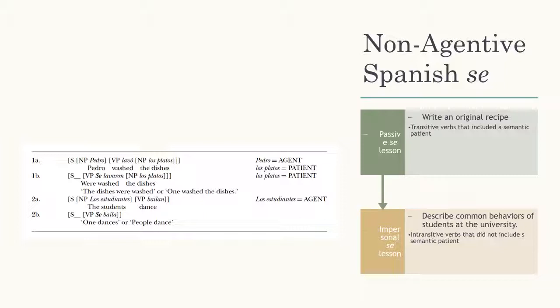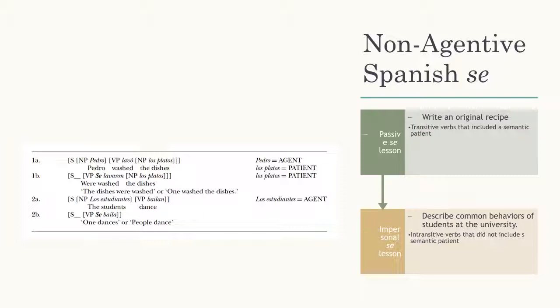In the passive se lesson, they had to write an original recipe. For the impersonal se lesson, they had to describe common behaviors of students at the university. For the passive se lesson, students had to use transitive verbs that include a semantic patient.